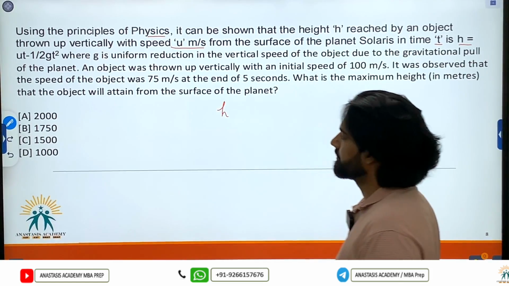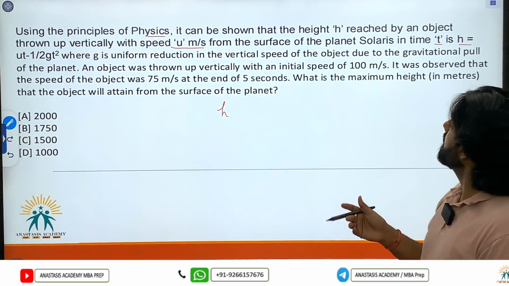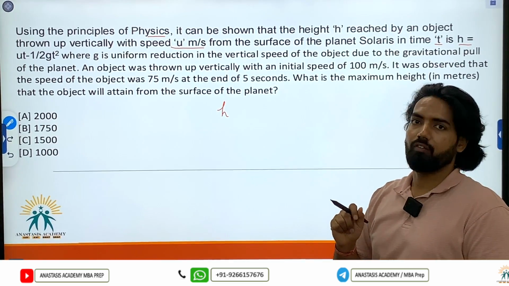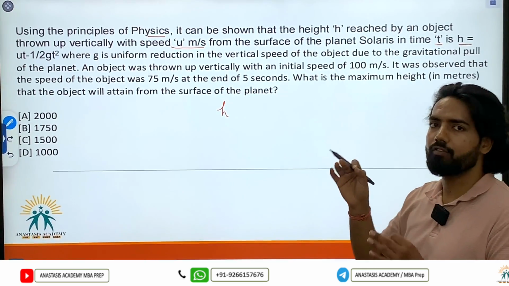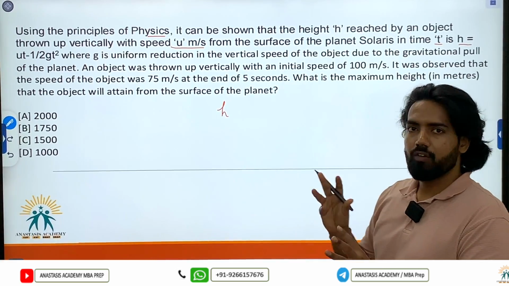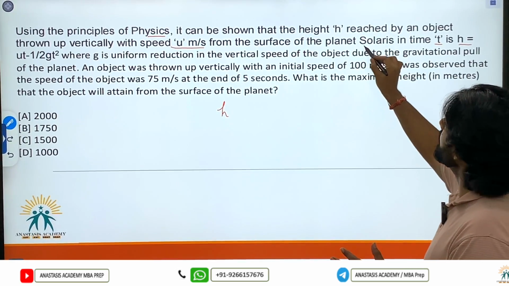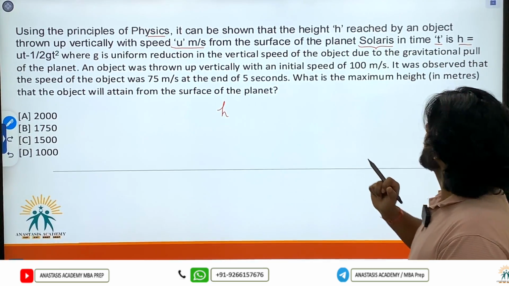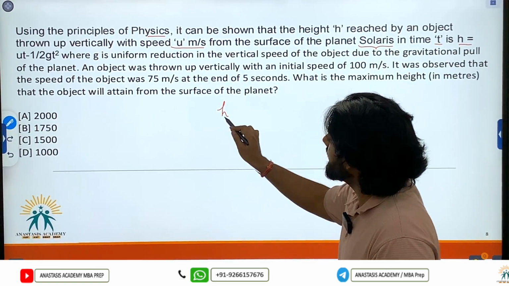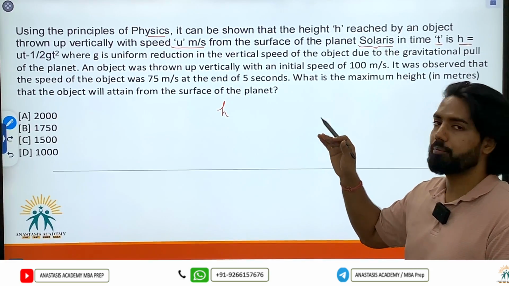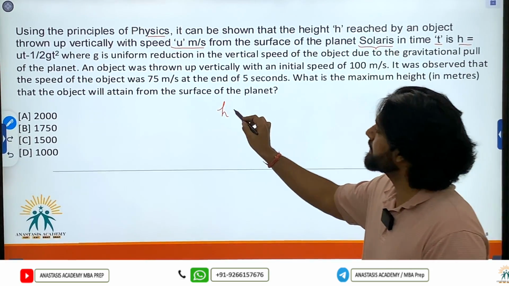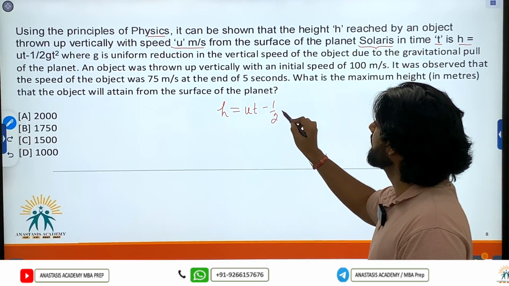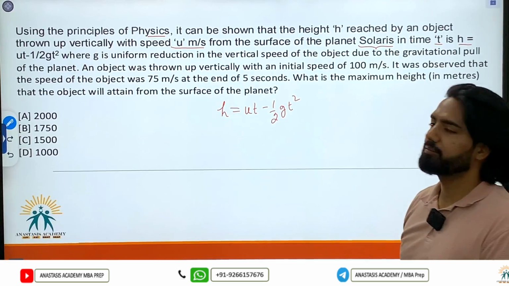So when an object is thrown vertically upwards with a speed of u meter per second from the surface of a planet called Solaris, the height to which this object would reach is given by the expression h is equal to ut minus half g into t square.